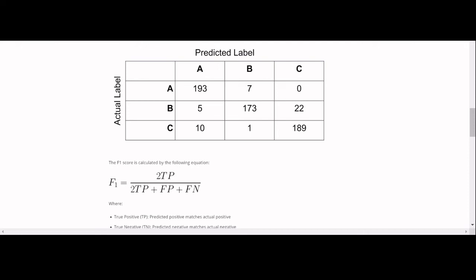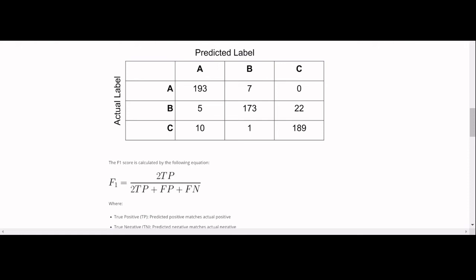For C, obviously it is 189 upon 2 times 189 plus the false negatives. What is false when there was a C but predicted not C? It's 10 and 1, so 10 plus 1, and plus the false positives, which are predicted positive but false, so together 22.